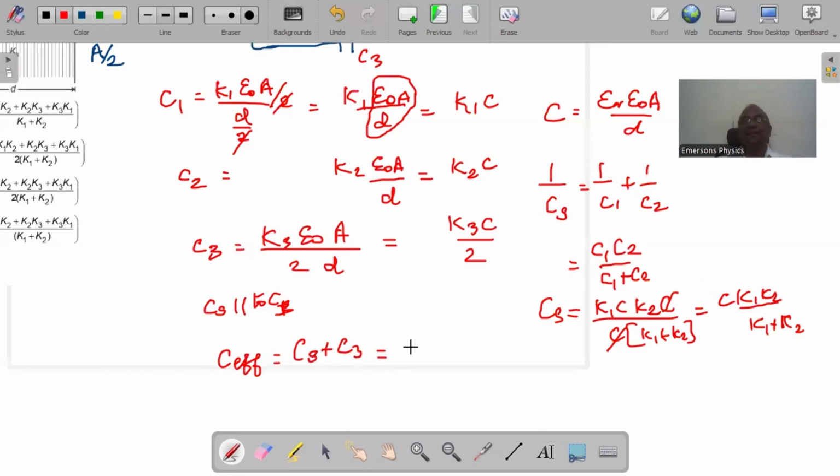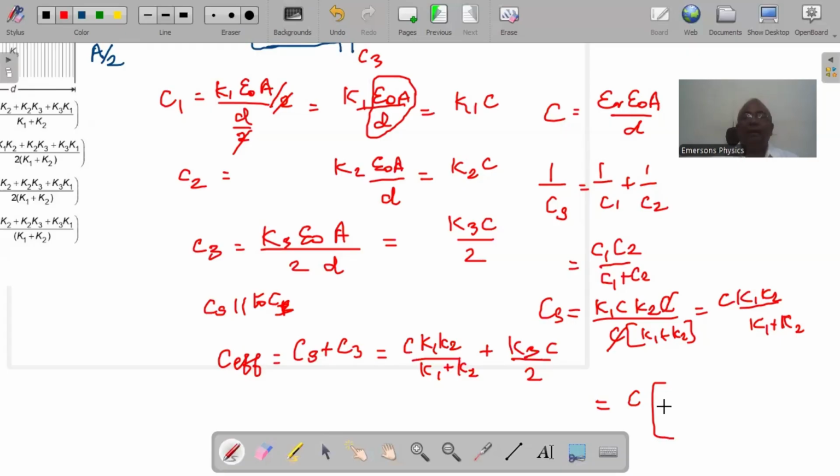CS is nothing but C into K1 K2 divided by K1 plus K2, and C3 is K3 C by 2. So we can take C out. When we take C common outside, the 2 gets added. If we multiply this, we can choose the answer.